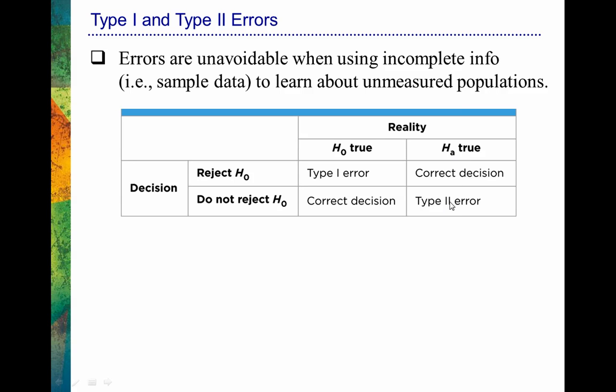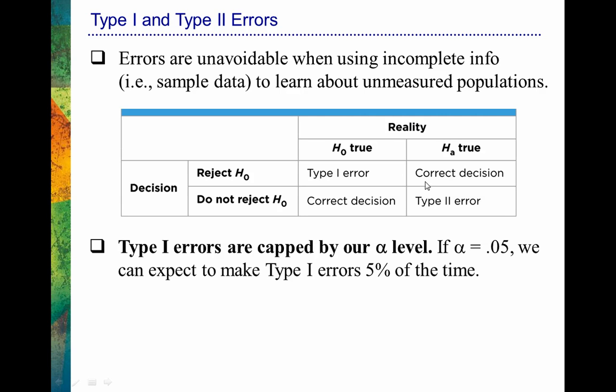So in other words, there is a difference. There are statistically significant results, but we didn't have enough evidence to find them. Then we're making a type 2 error. So a type 1 error is when we say we have statistically significant results and we're wrong. And a type 2 error is when we conclude there are not statistically significant results and we are wrong.